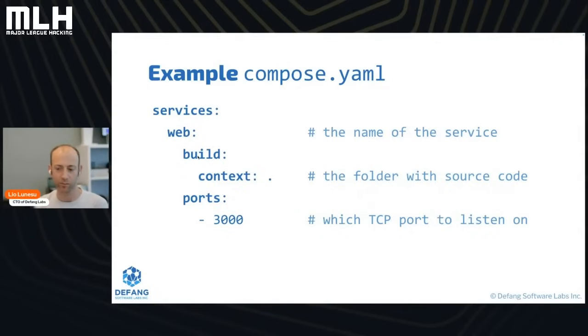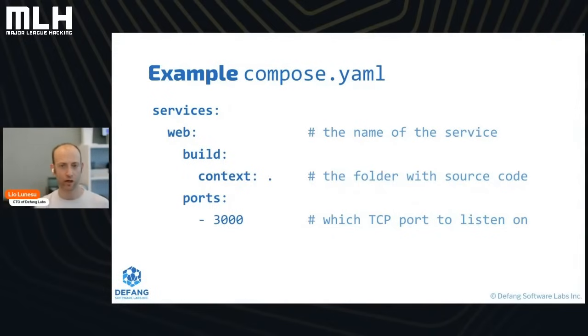And similarly, build and ports, those are properties of the web service. And again, you show that by having more indentation, more leading spaces. So be very careful with that indentation. Like Python, it's very important. It's semantically relevant.